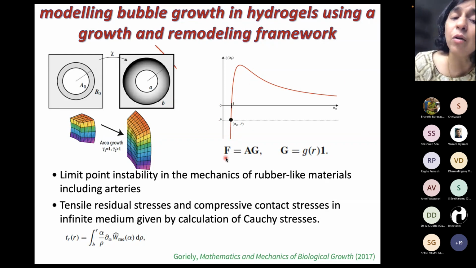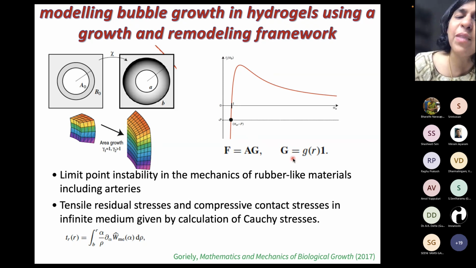We also look at growth of this region, which is air, and this outside gray region, which is all polymer. We want to look at the kinematics of growth as a deformation gradient, which is a multiplicative decomposition of the elastic term A and G, which is the growth tensor.